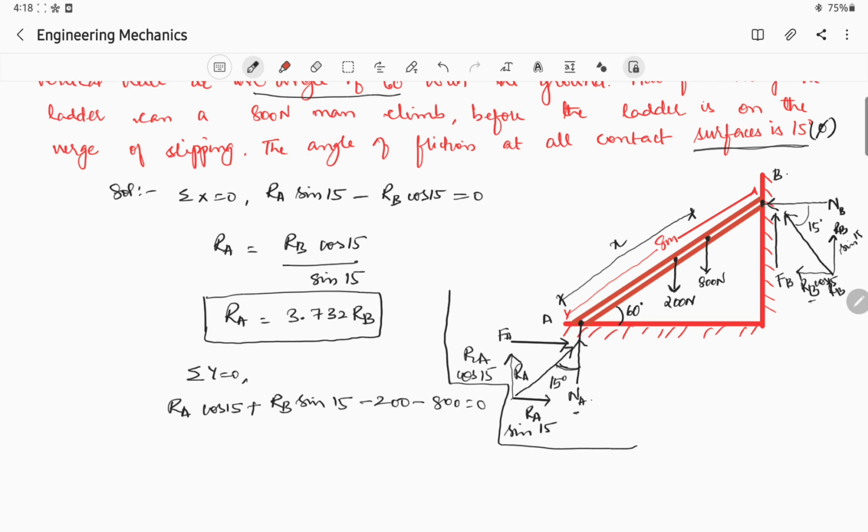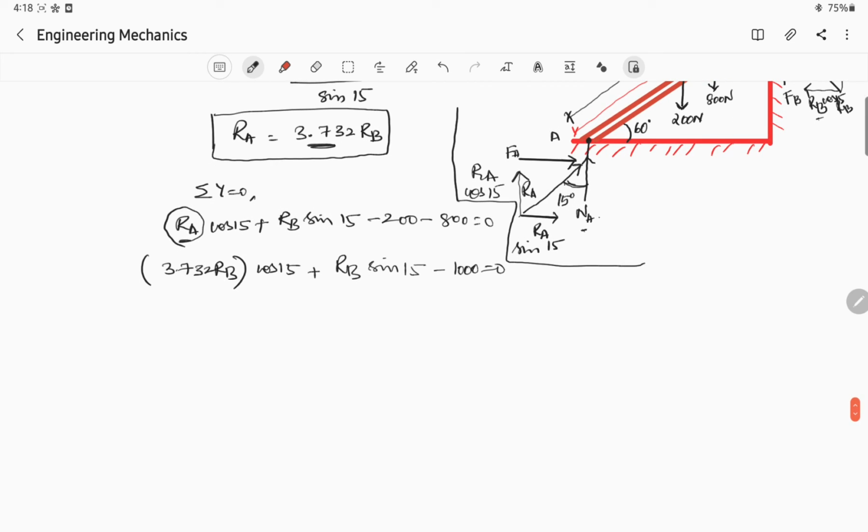So we substitute RA is equal to 3.732 RB here: 3.732 RB into cos 15 plus RB into sin 15 minus 1000 is equal to 0.